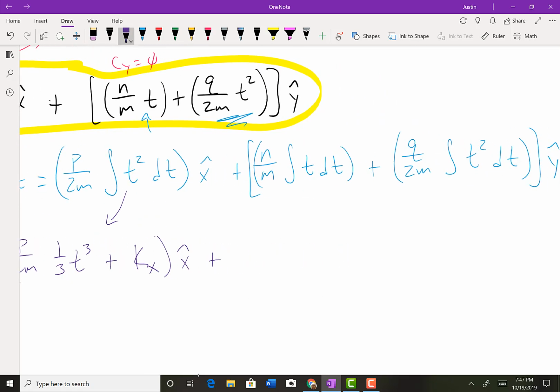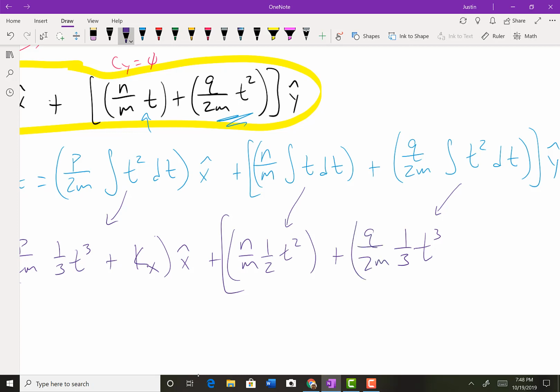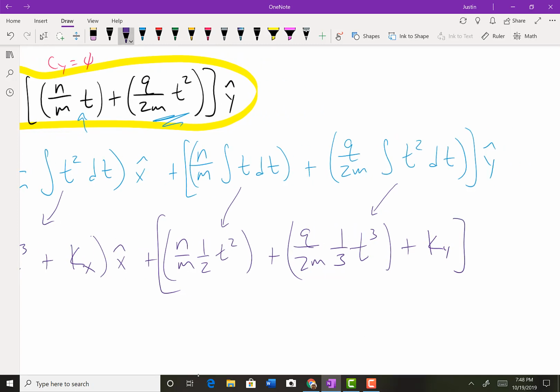Plus the integral of t, which is just t squared times a half, all multiplied by n over m. And so there we go. Plus the integral of t squared, as we just said before, is t cubed times a third. And we got to include those constants, q over 2m. And then we will do plus k in the y direction, y hat.